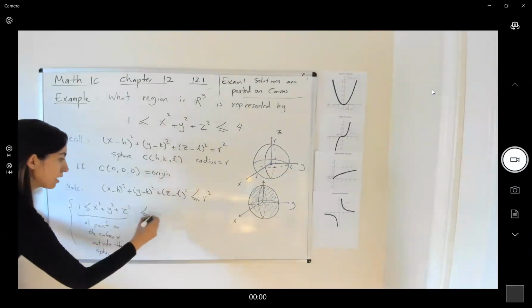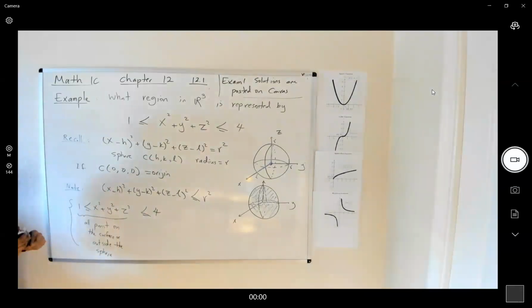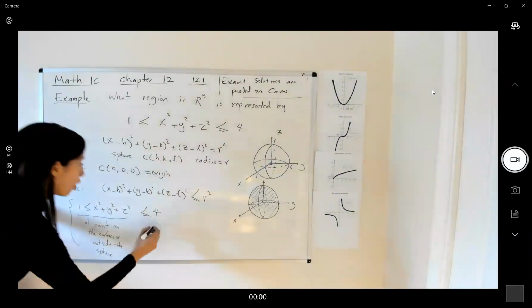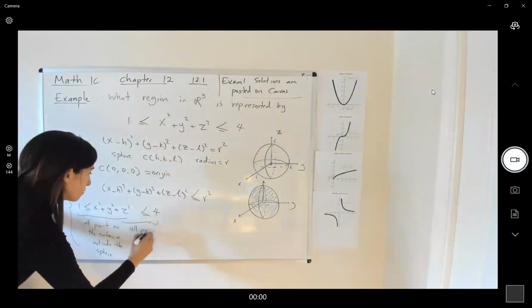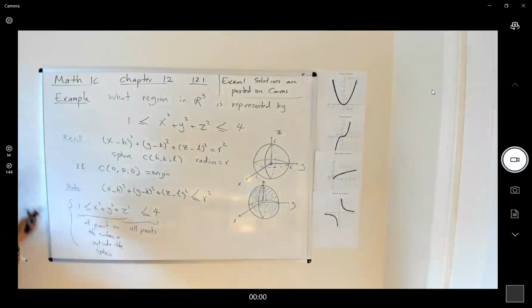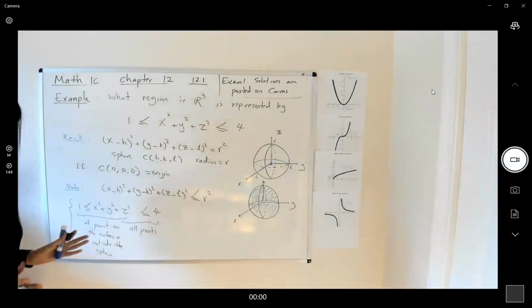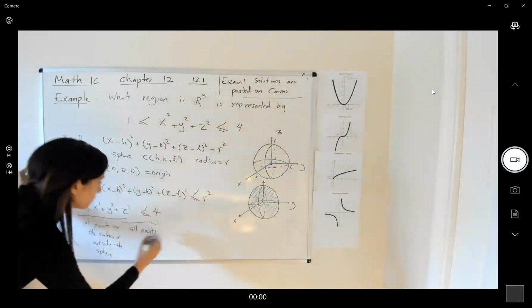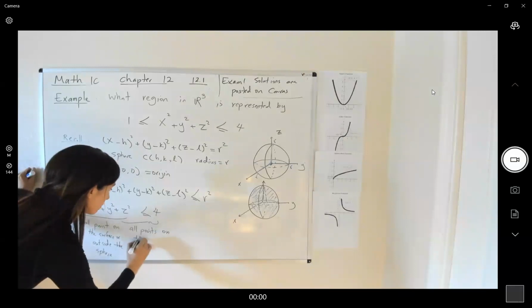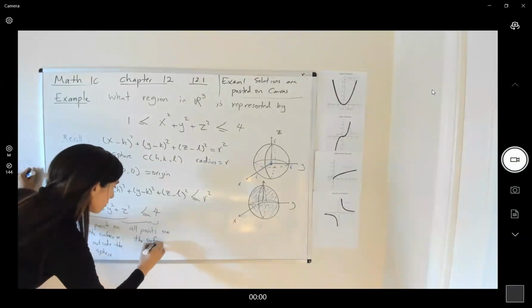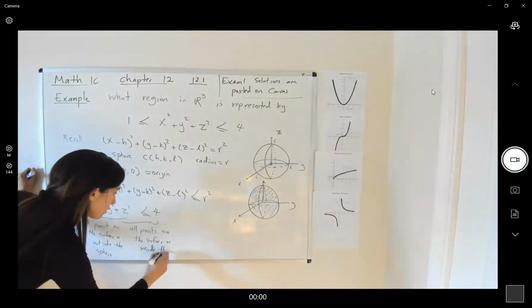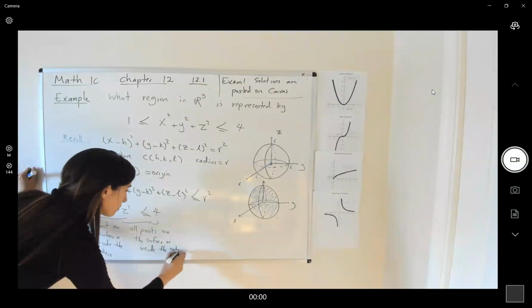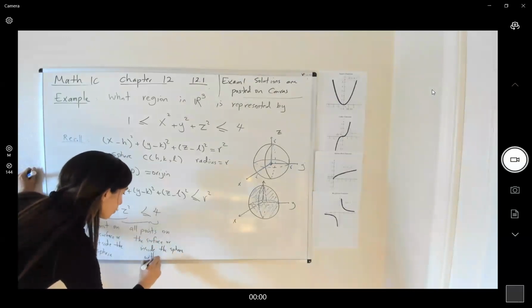When you're adding less than or equal to 4, you're talking about all points on the surface or inside the sphere with radius 2.